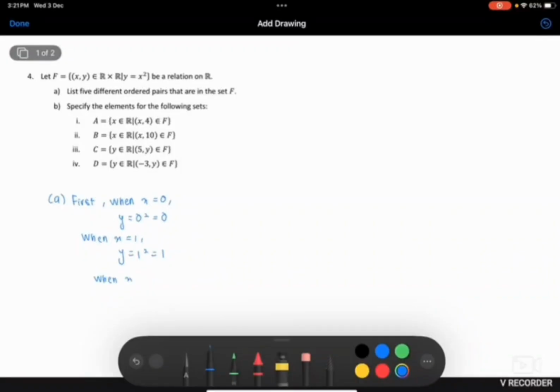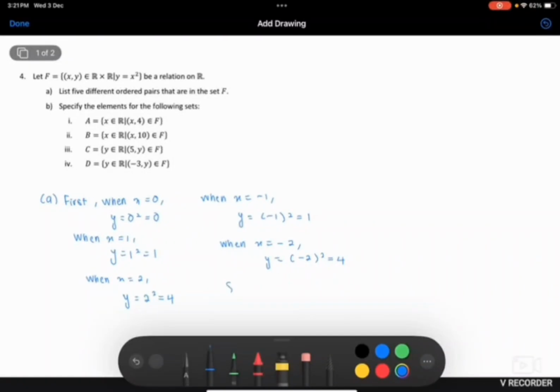When x is 2, y equal to 2 square equivalent to 4. When x is negative 1, y equal to negative 1 square equivalent to 1. When x equals negative 2, y equal to negative 2 square, which is equal to 4.